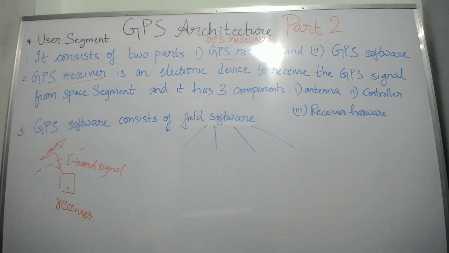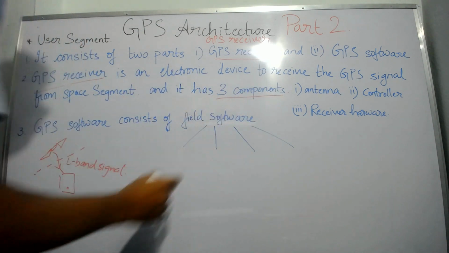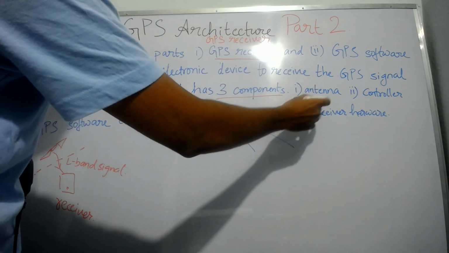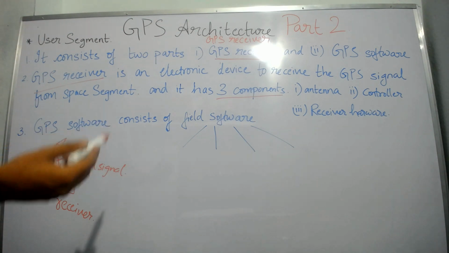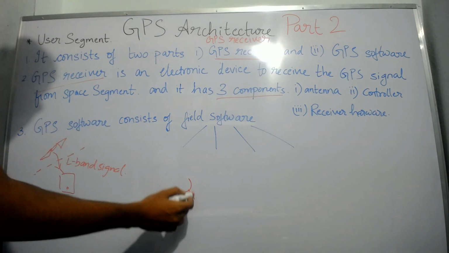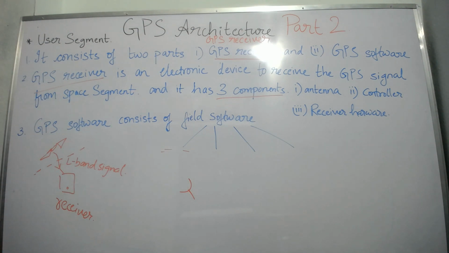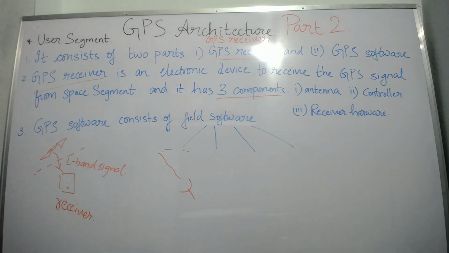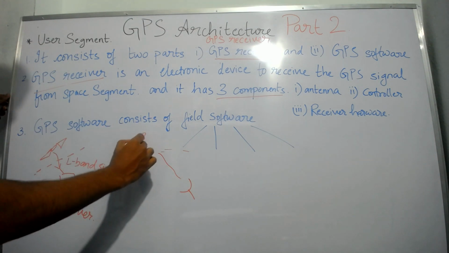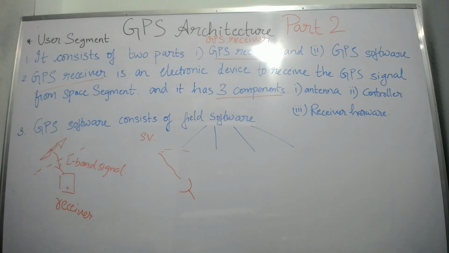So the GPS receiver has three primary components, that is antenna, controller and receiver hardware. Generally, an antenna is placed under the sky, as you all know, which gets signals from the satellite vehicles. I'm talking about the antenna.